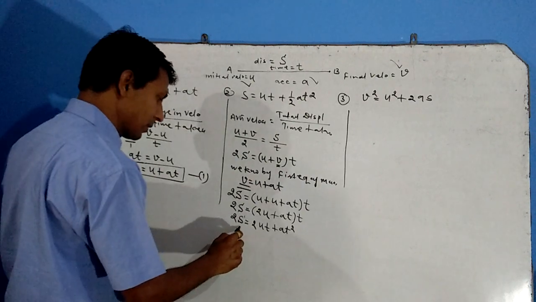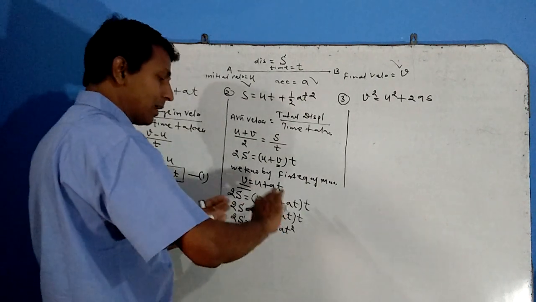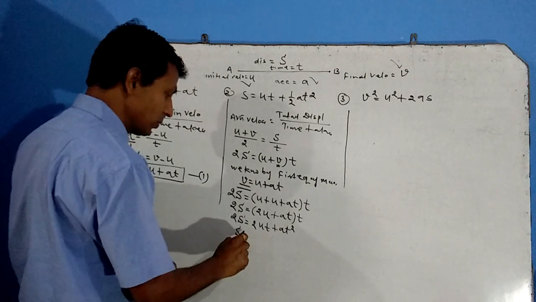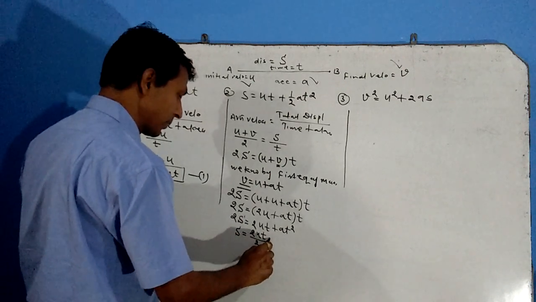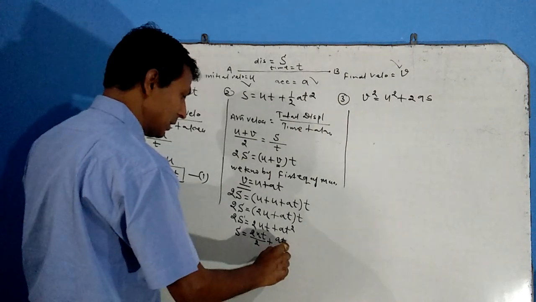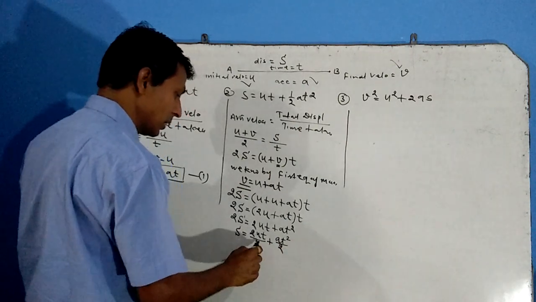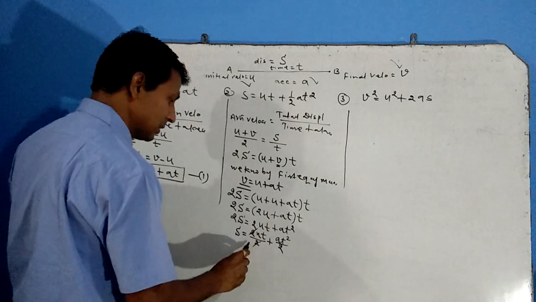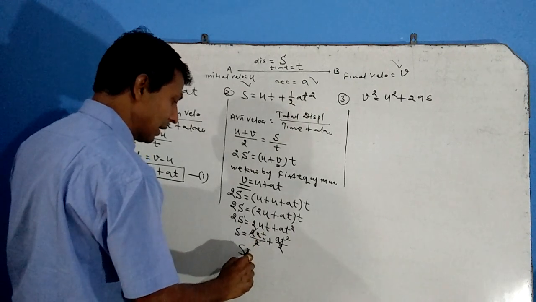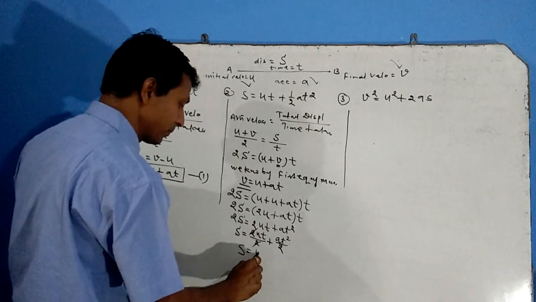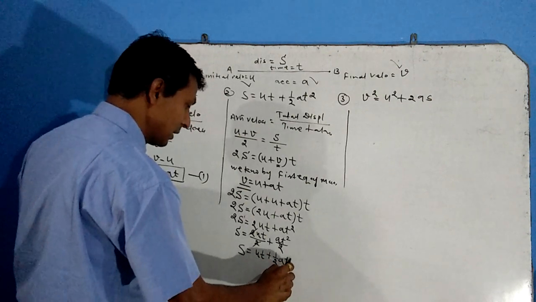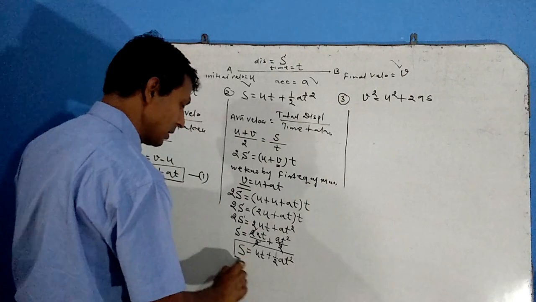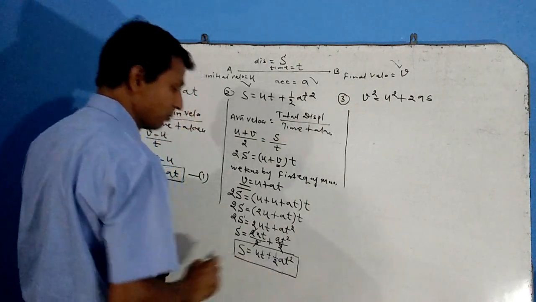Now the RHS will be divided by this 2, then 2ut upon 2 plus at square upon 2, and the 2 will be cut by this 2. So finally I have s is equal to ut plus half of at square. So this will be our second equation of motion.